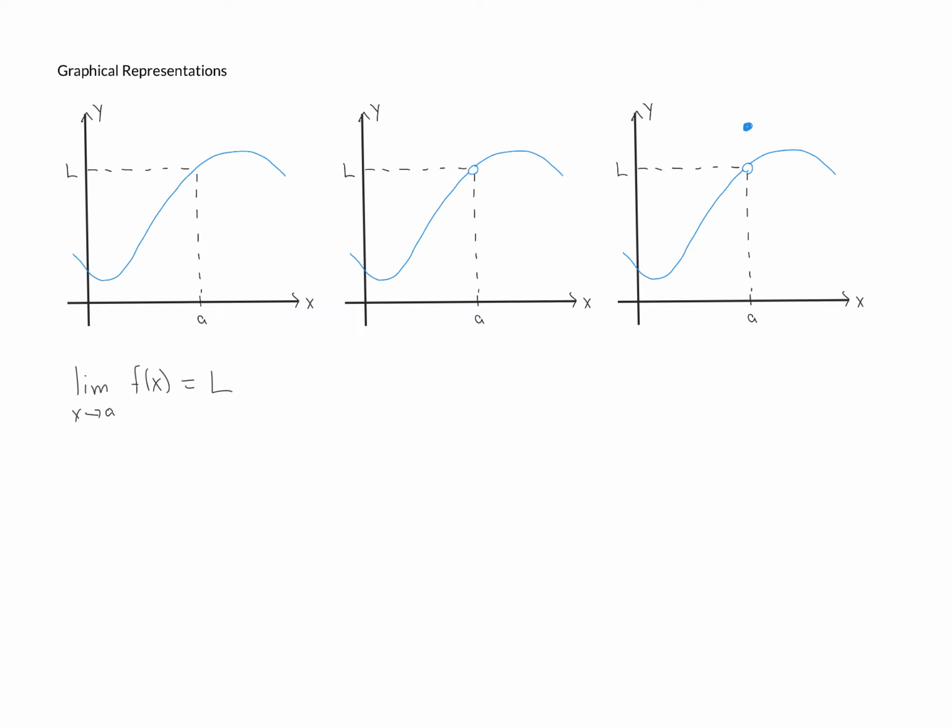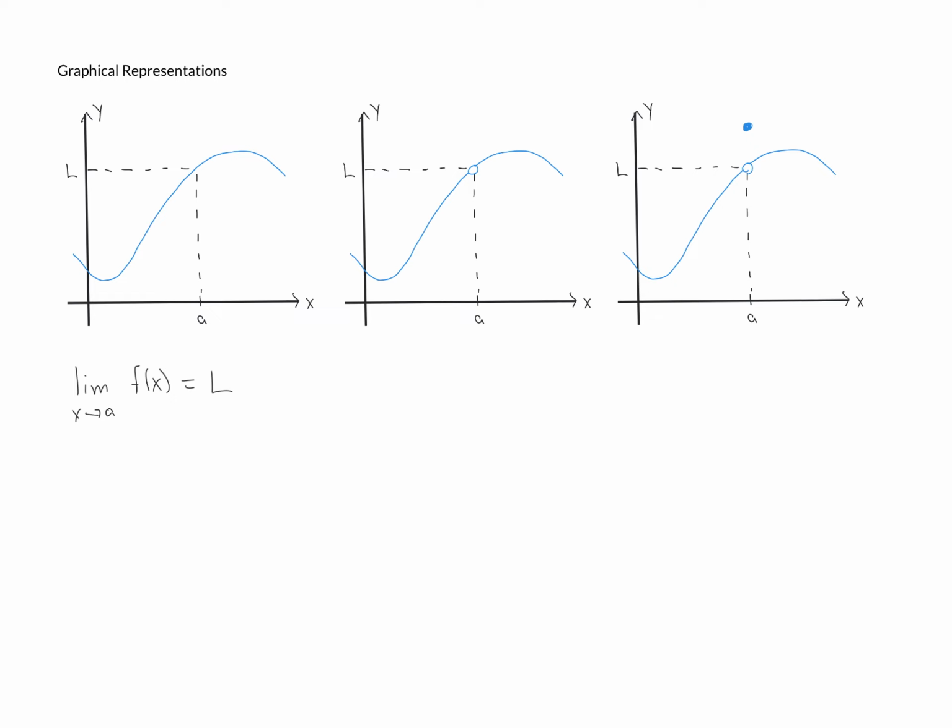It's totally irrelevant. Whether it's some other random number, or totally undefined, or defined to be the exact value you might expect, does not matter. We always throw that one point out, and we're just looking at the graph near that point to see what's happening to the y values.